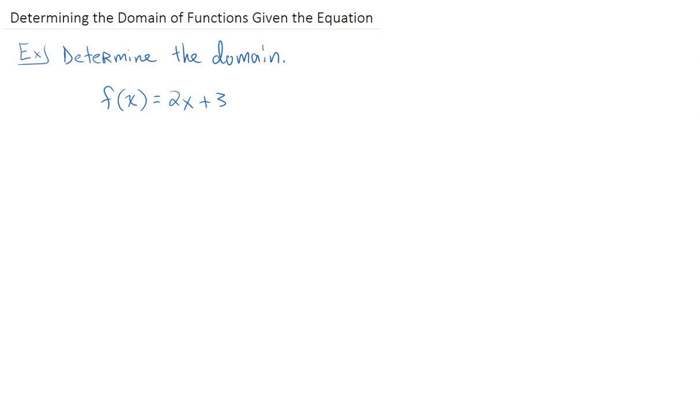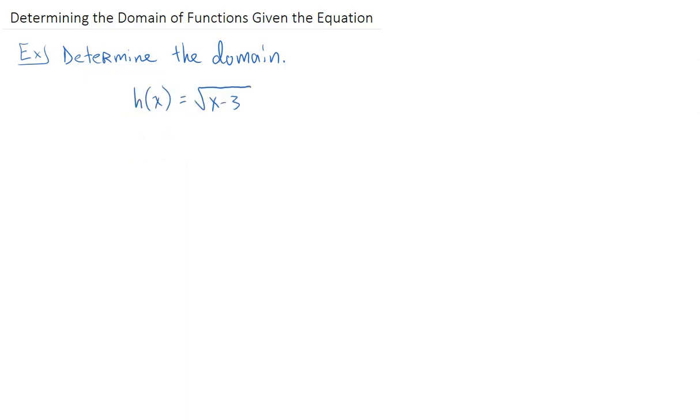This is a linear function, which means it graphs as a line. And as we've seen, the domain of all linear functions is negative infinity to infinity. That's just something you have to put together by understanding how the graphs work. There's no algebra that will get you to that result.